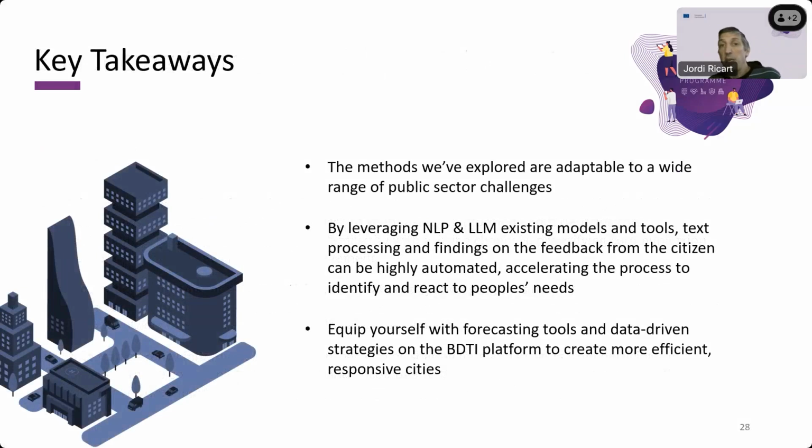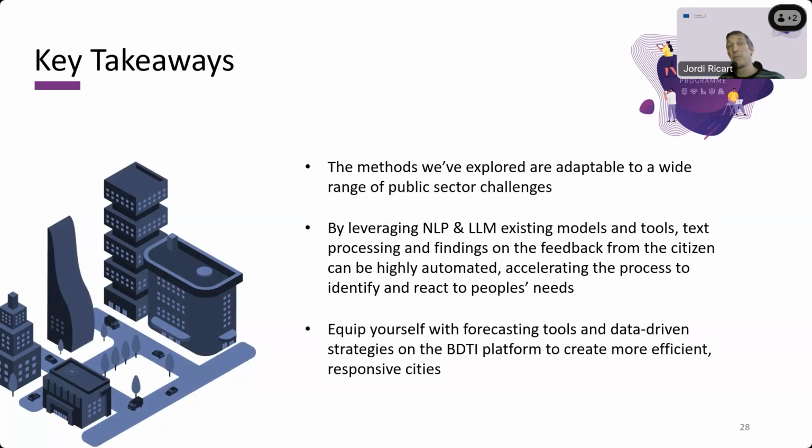Getting to the end. What we tried to show today is how to use the available tools on NLP, on large language models, how to apply them to text processing and find the feedback in a text. Here we use the example of the surveys, but that can be applied to any of the examples or use cases you have in your different domains.